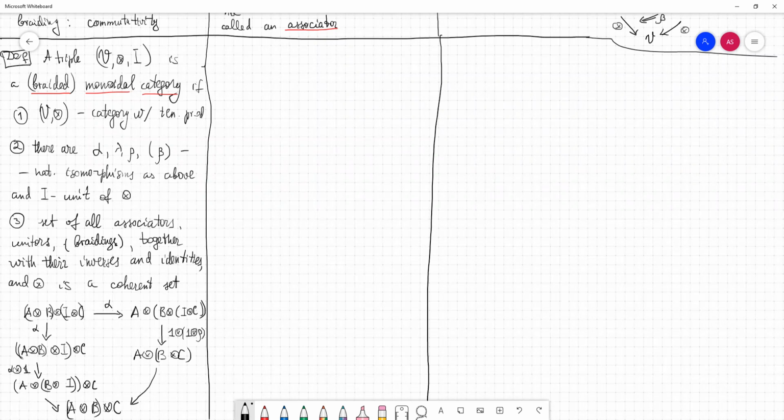Oh, this is more precisely. Here it will be identity tensor rho again. Tensor identity, and the last is just alpha.